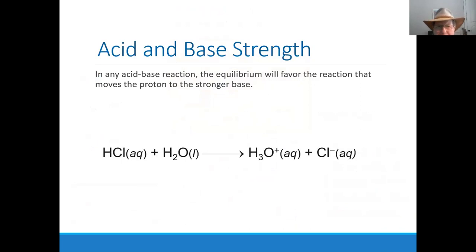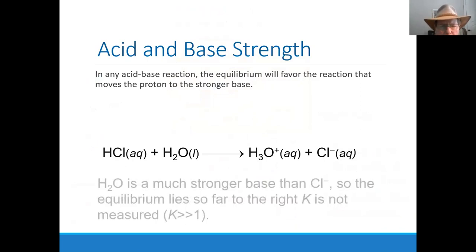In any acid-base reaction, the equilibrium will favor the reaction that moves the proton to the stronger base. So if I have HCl in water, remember I said that was a strong acid. Moving the H to the H2O.